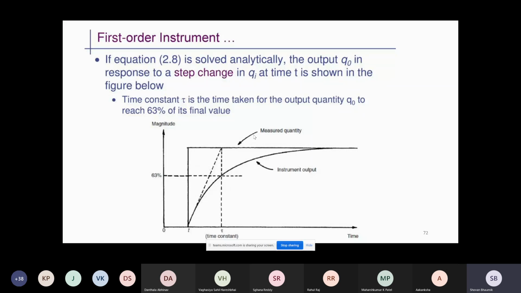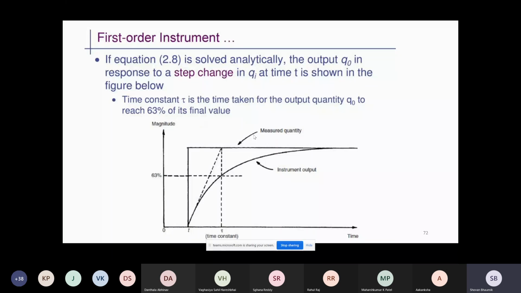Time constant is generally associated with the first order system. For a second order system you will not get a time constant; you will get some other parameters, which will come very soon. So in a first order system, the time constant is the time taken to reach 63% of its final value.